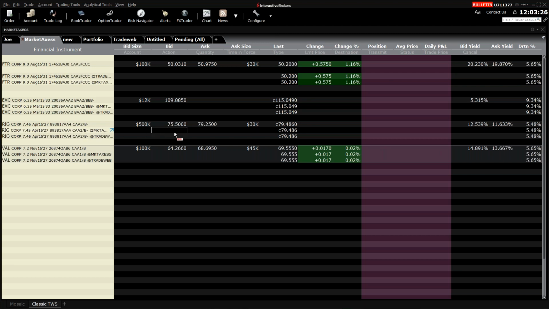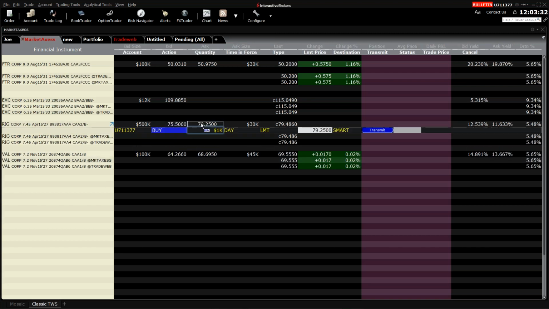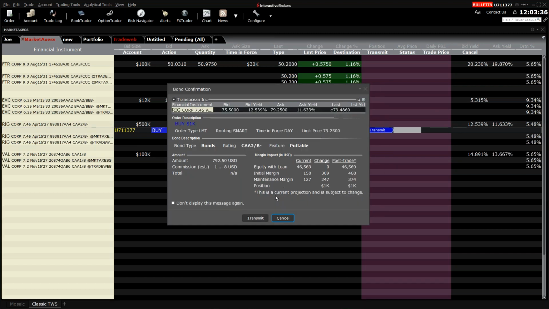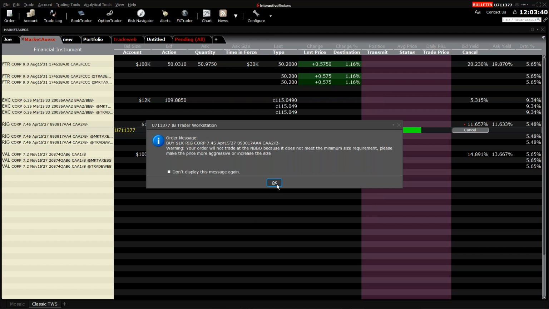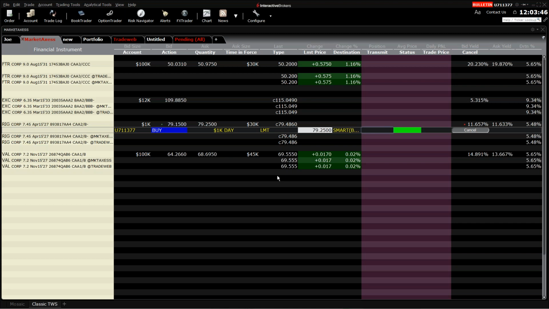So there's no market data per se. What we do here with the central limit order book is you would go in and lift an offer to buy a bond. The trade dialog box comes up, you hit transmit. This just tells you the minimum size is larger than what I'm trying to trade, but we can leave it out there and see if we get a fill.